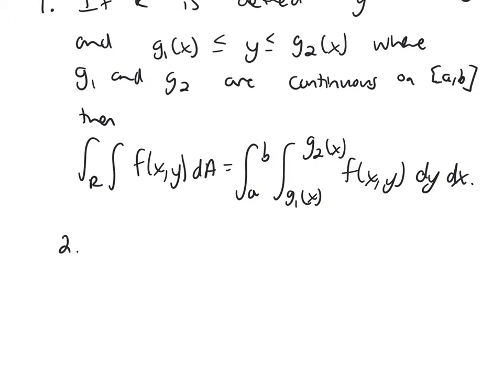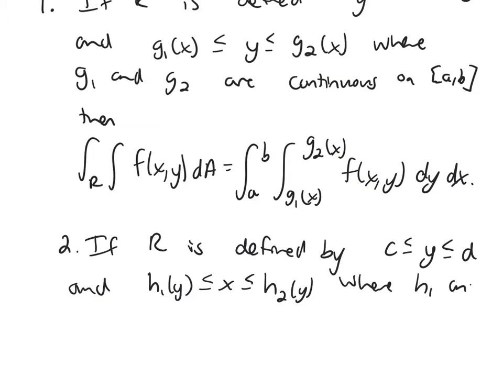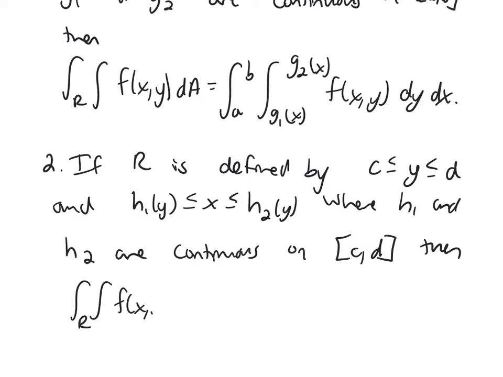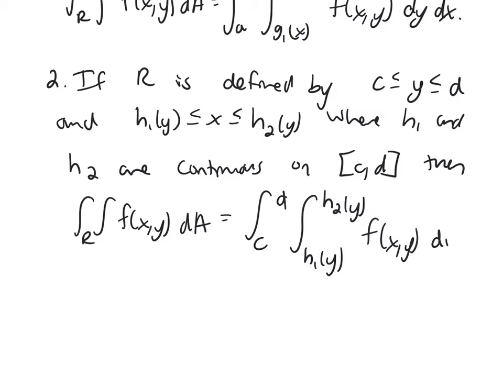Now, the second part says if R is instead defined by y is between c and d, and x is now bounded between two functions of y, h1(y) and h2(y), where h1 and h2 are continuous on the interval c to d, then this double integral over my region R is equal to the integral from c to d, the integral from h1(y) to h2(y), f of x,y, but now it would be dx dy.